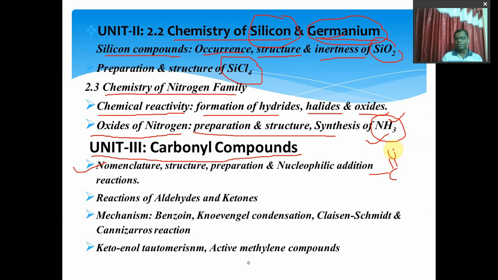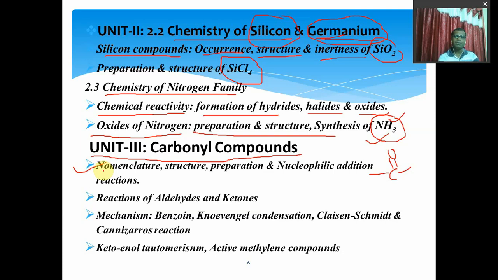This is the basic concept from the 11th and 12th. The compounds containing this C double bond O group are called carbonyl compounds. In this unit you will study the nomenclature of carbonyl compounds, how we can give names according to the IUPAC nomenclature system, what their structures will be, how they are prepared, and how they show the nucleophilic addition reaction, because carbon is electron deficient and it contains unsaturation, so definitely the characteristic reaction will be addition.